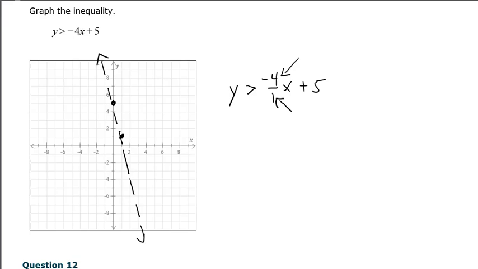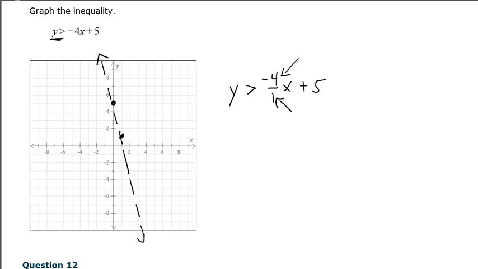Now, there are various ways to determine which side of the line you shade. One way is by using test points, which is totally fine. Another way is to look at your inequality and read from your variable. This is if you have it in slope-intercept form. It says the values of y that are greater than our boundary.